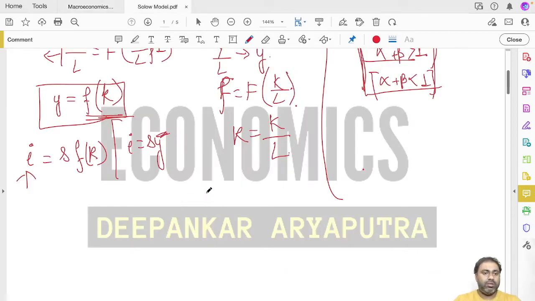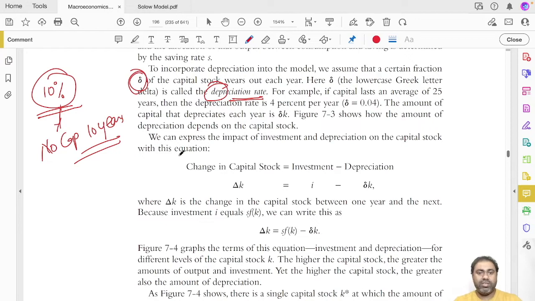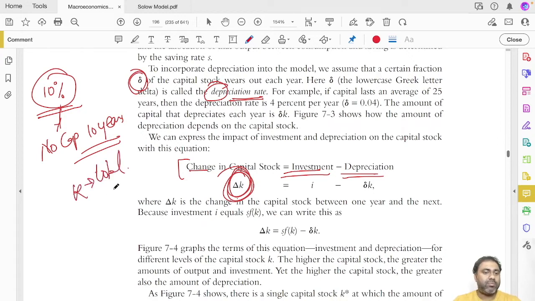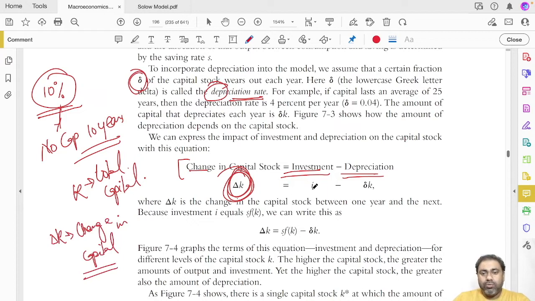Okay. So again, change in capital stock is investment minus depreciation. K is your total capital, and delta K is your change in capital. Got it? So now we need to understand this.